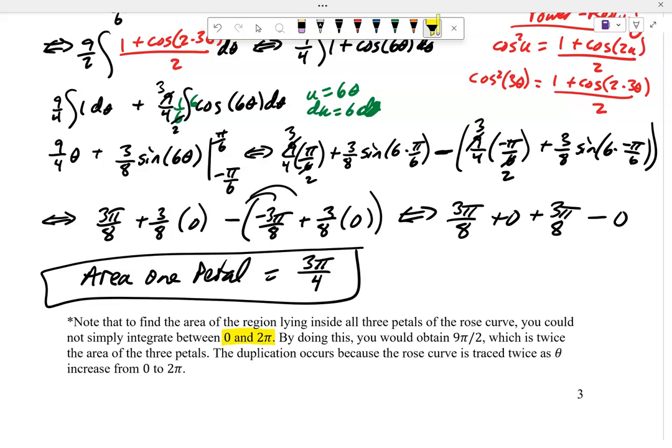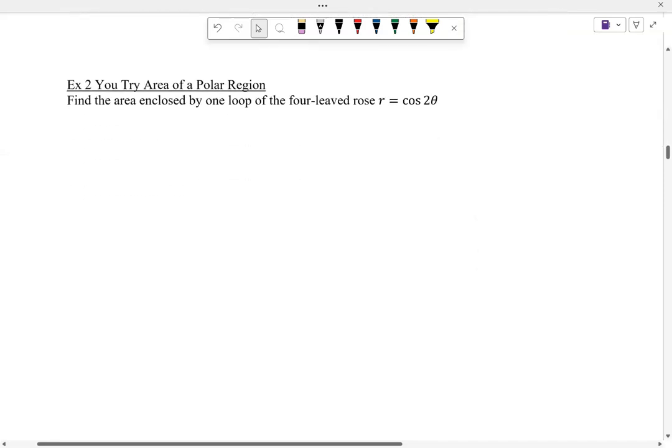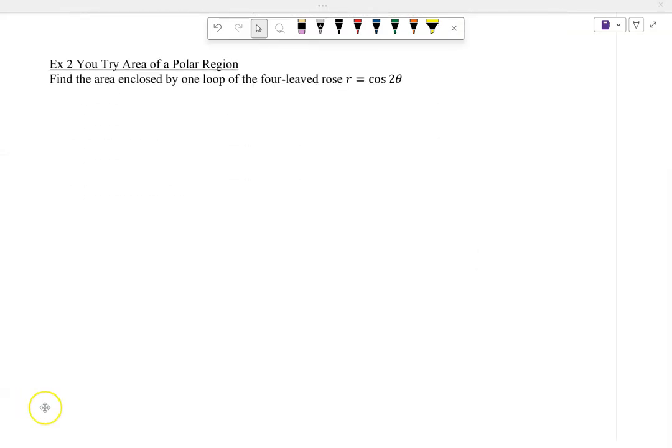When you go from 0 to 2 pi, you're actually doing it from negative pi/6 to 5 pi/6. It's also the same thing, it's a distance of 2 pi, from negative pi/6 finishing out at 5 pi/6. You've done it twice. So you would want to do just half that distance if you want all 3 petals. It's a little tricky on that, so be very careful about that.